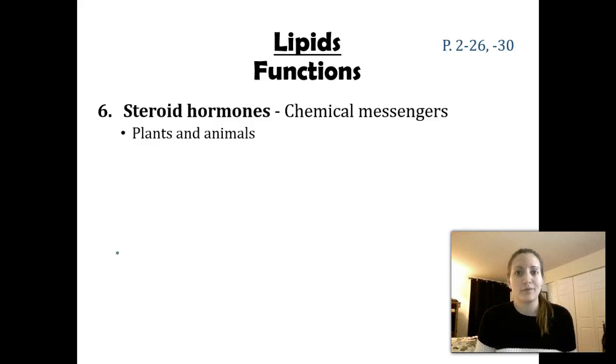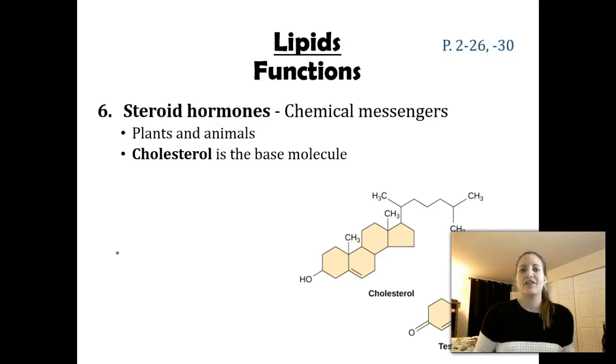Plants have chemical messengers that tell their cells to do certain things, just like we do. The lipid that is the major component of these hormones is cholesterol. You've probably heard of cholesterol, and typically people are trying to lower their cholesterol. But cholesterol, like I said, is the base that is used for many different hormones.